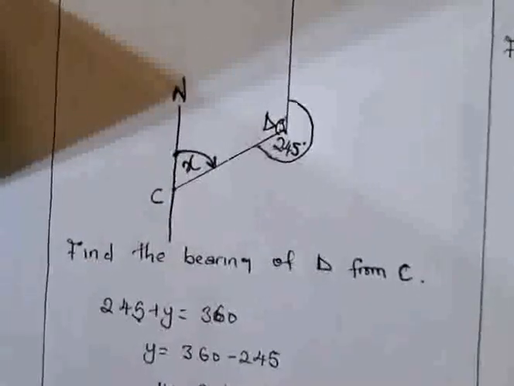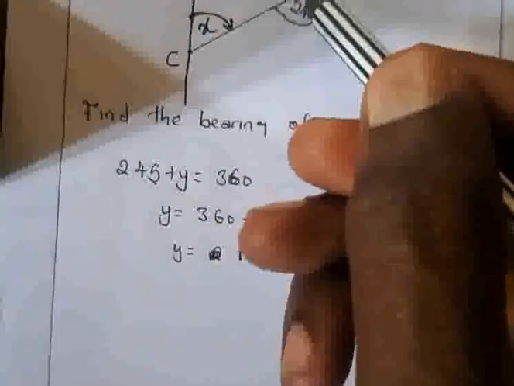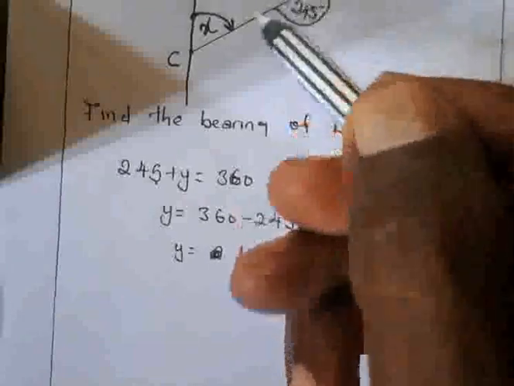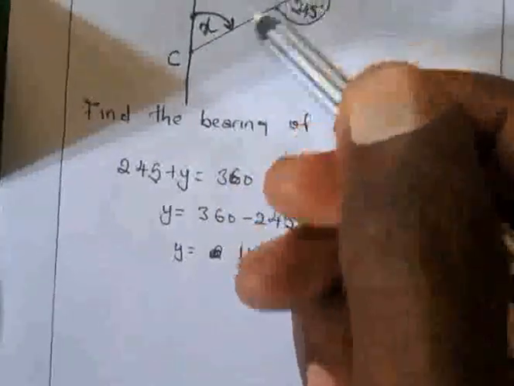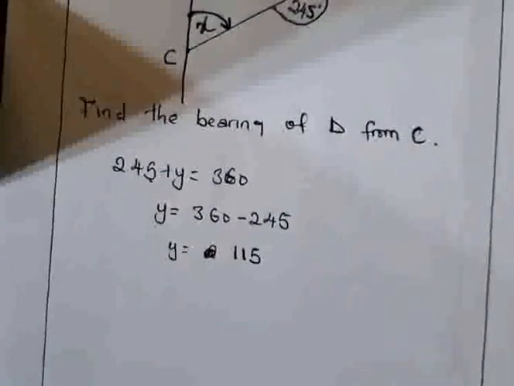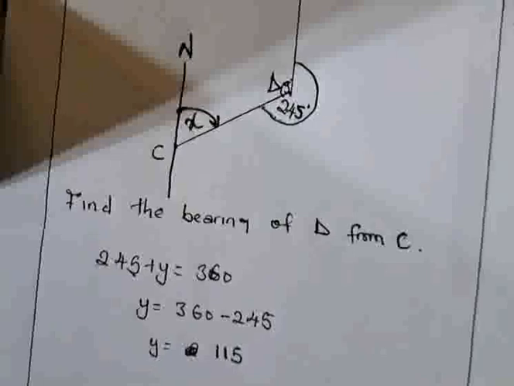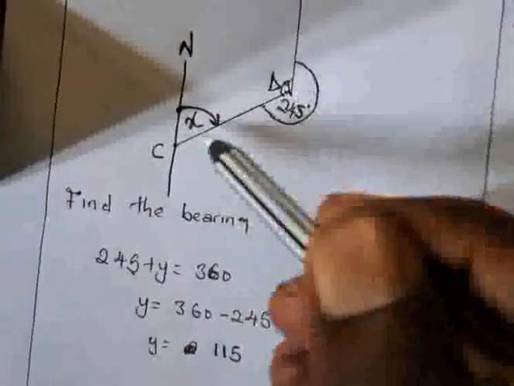Now this is not our answer, guys. We just wanted to find this one so that it will be easy for us to find its partner, because these angles are co-interior angles, meaning angles that lie on the same side of a transversal line, because these are parallel lines and we have a transversal line like this one here.